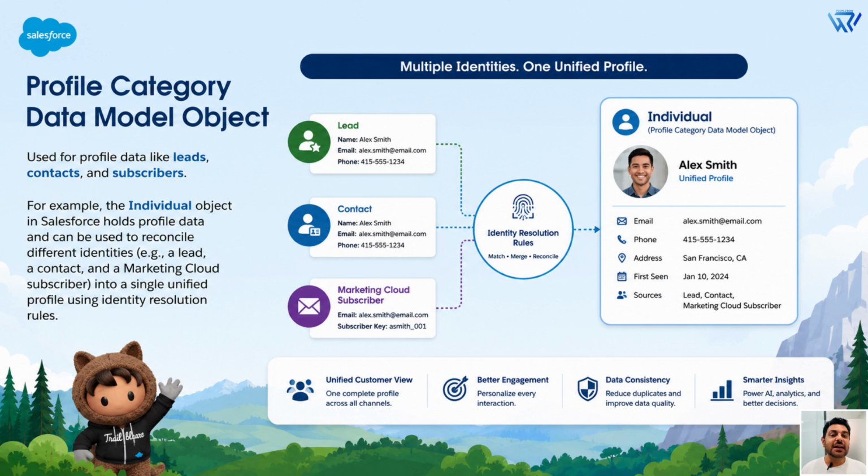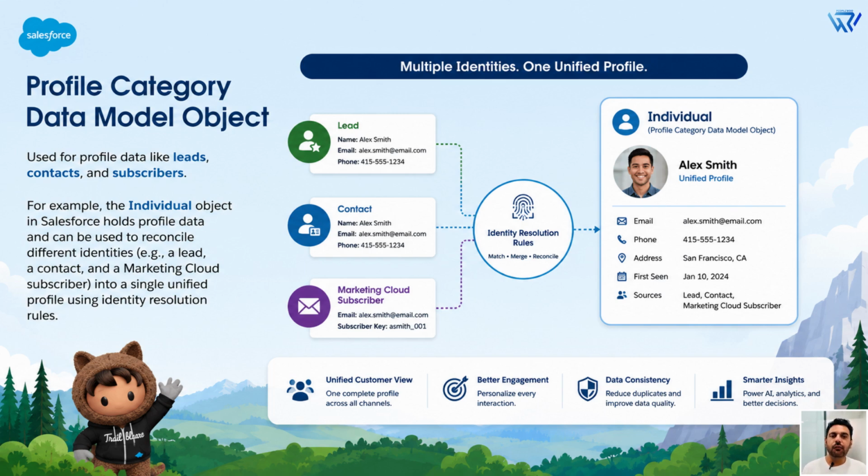They exist as a lead inside Salesforce Sales Cloud. They exist as a contact inside Sales Cloud. They exist as a subscriber inside Marketing Cloud. So these are the profile data. Subscribers, leads, contacts are the profile data. You can map this profile data to profile category of data model objects.